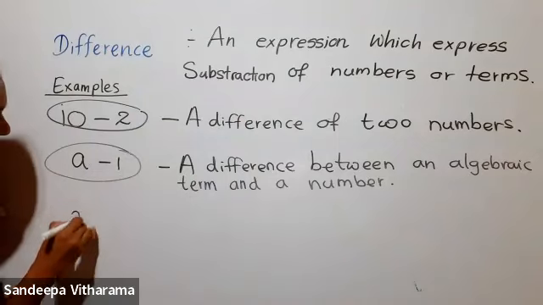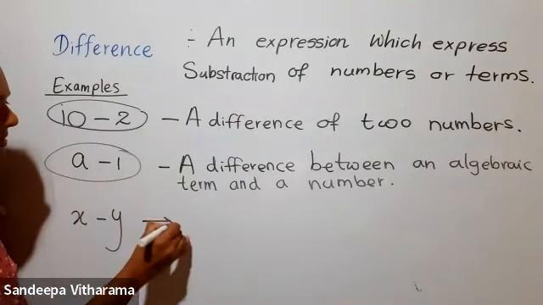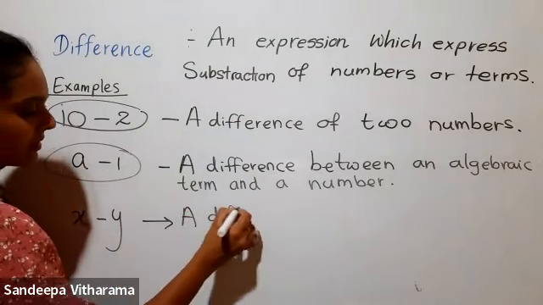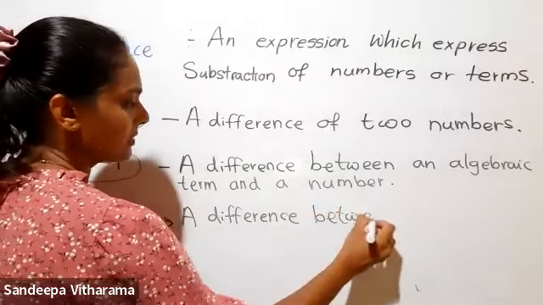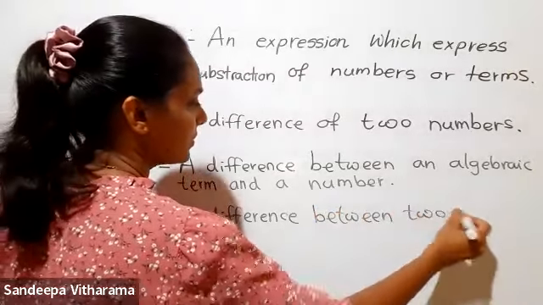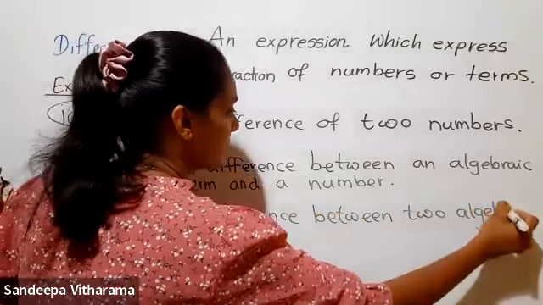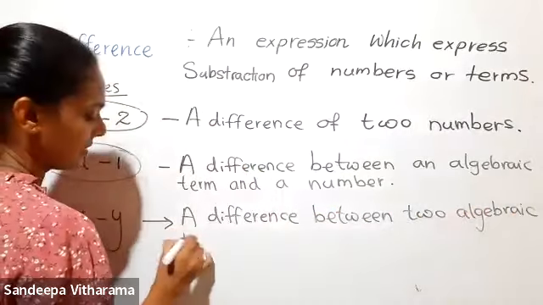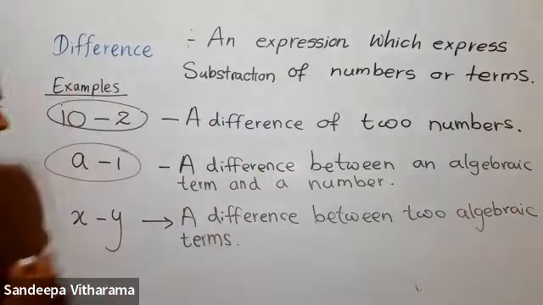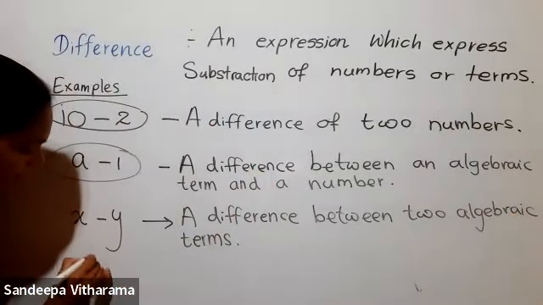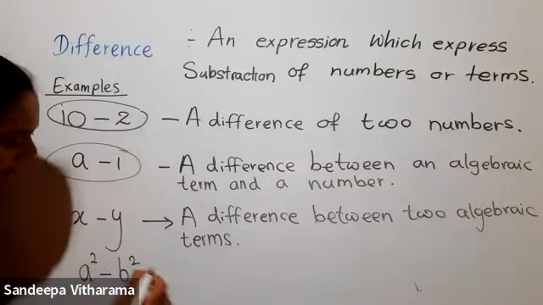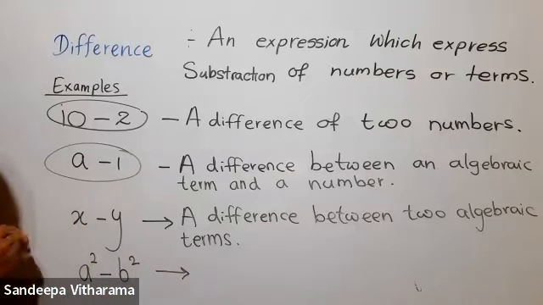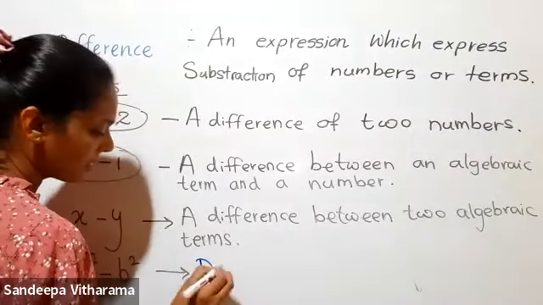If I consider this one, it is a difference between two algebraic terms. If I consider this one, a squared subtract b squared, it is better to write it in a different color pen because it is that much important.